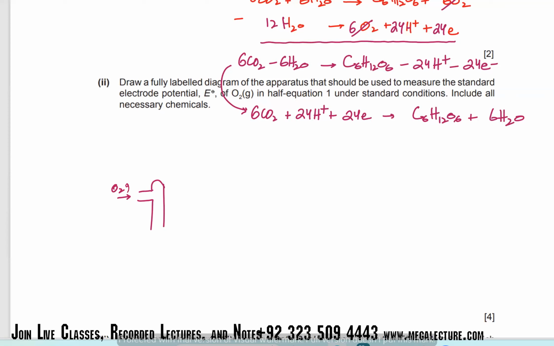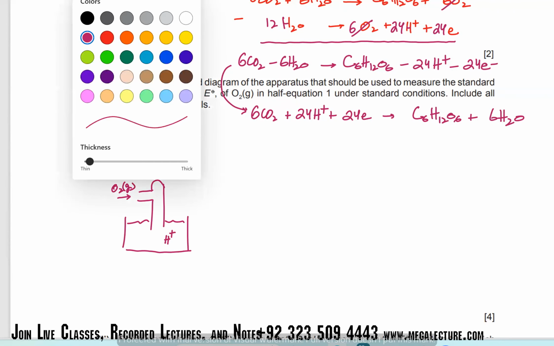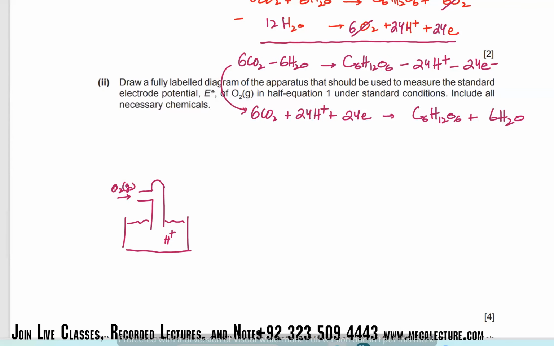And it is O2 gas. In the solution, there's going to be what, H plus 1. अच्छा, and water भी था, but you don't write water. ठीक है, H plus 1 aqueous means there's water. ठीक है, so then you're going to add a platinum electrode. The H plus 1 concentration, mention the concentration, that's going to be 1 mole per dm cube.